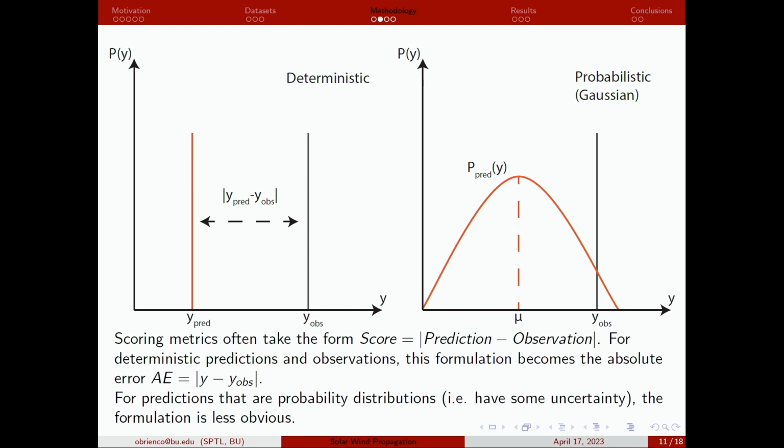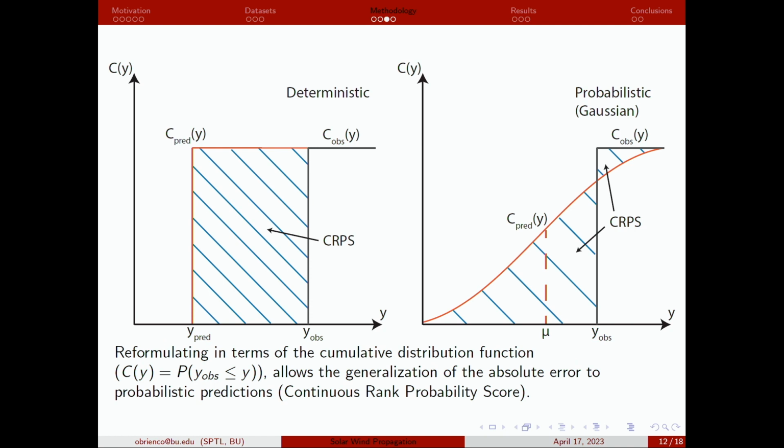For a non-deterministic output, this formulation becomes less obvious, shall we say. For our purposes, we used a function called the continuous rank probability score.